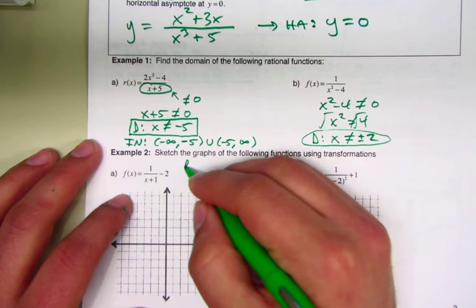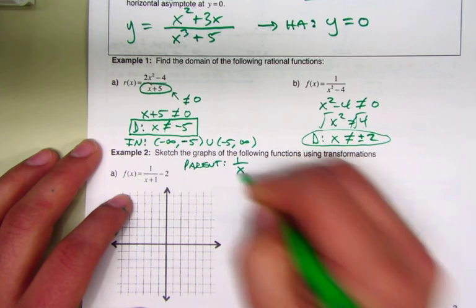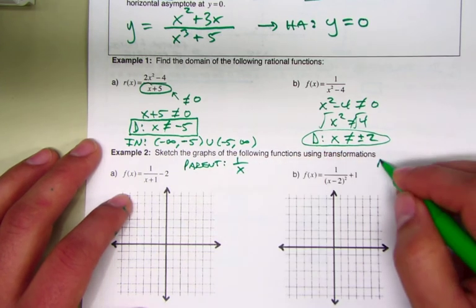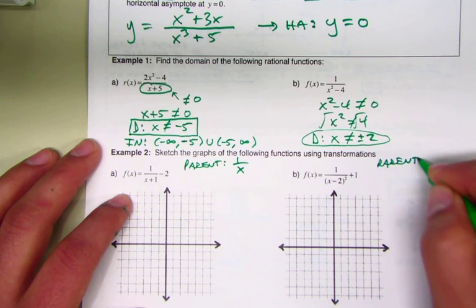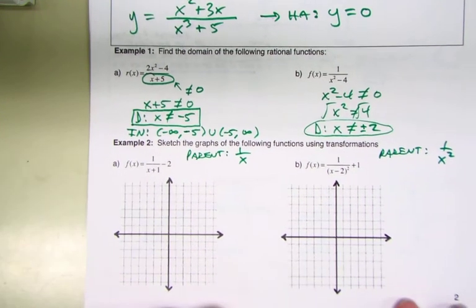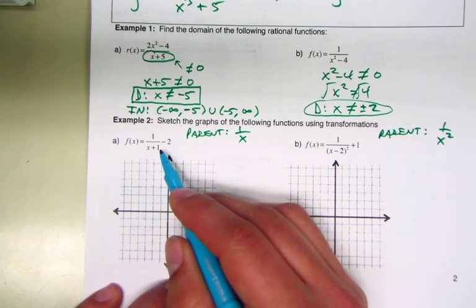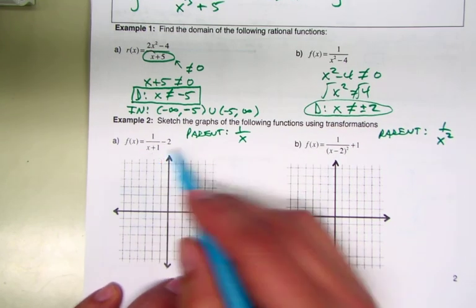For example, this one, what's the parent graph? 1 over x, yes. What about here? x squared. Good. The only thing now is that we're shifted a little bit. Do you remember how to work with your transformations? What does this do?